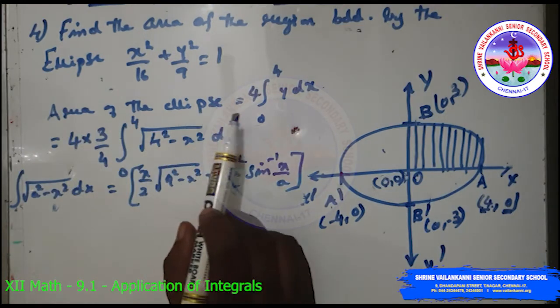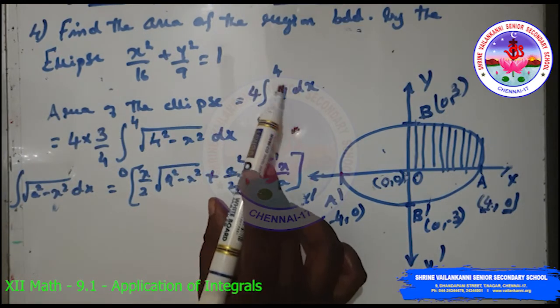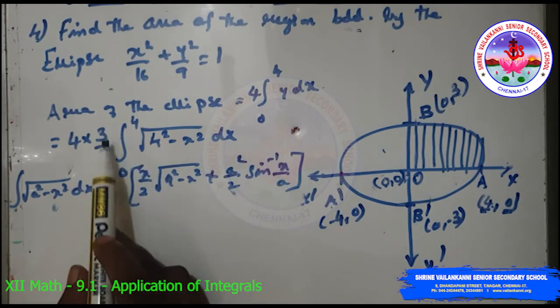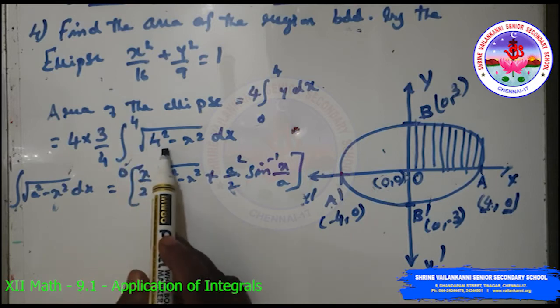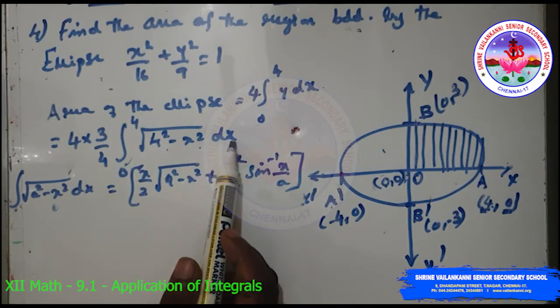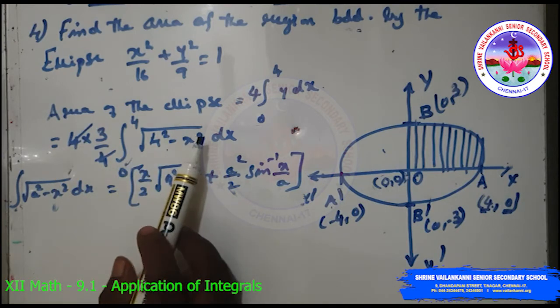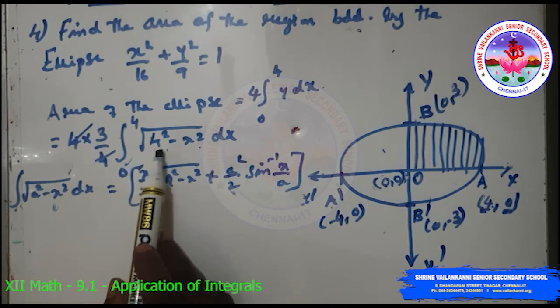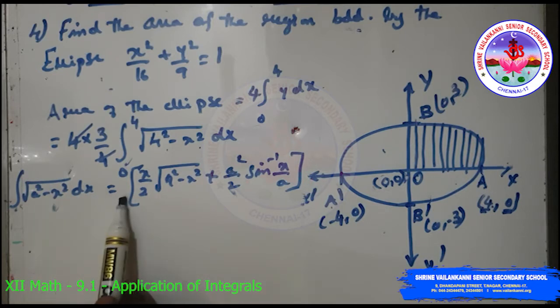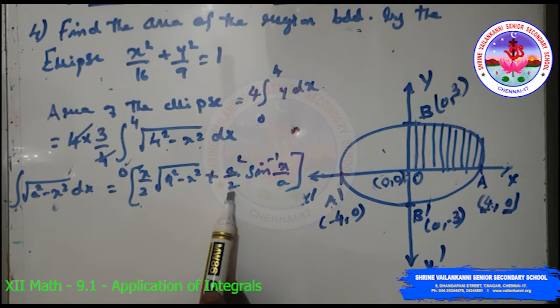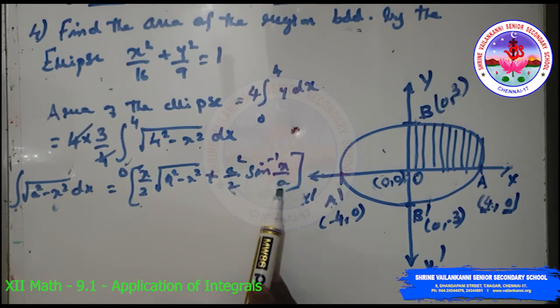So the area of the ellipse is 4 into integral of 0 to 4 y dx, which is equal to 4 into 3 by 4 integral of 0 to 4 root of (4 square minus x square) dx. Here 4 and 4 will get cancelled. So using the integral of type root of (a square minus x square) dx, which is equal to x by 2 root of (a square minus x square) plus a square by 2 sine inverse of x by a.